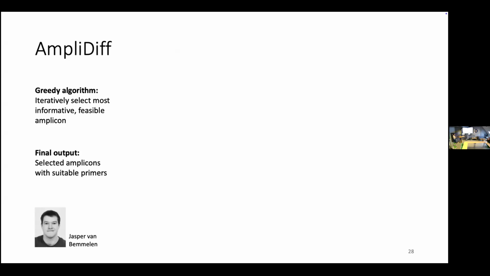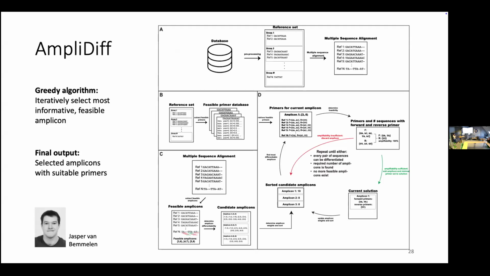So in the interest of time, I won't go into the details too much, but just to give an overview of what we do. We start with our database on top of all the sequences, and we make a multiple sequence alignment. So that's our starting point to know, okay, which regions in which sequence align, so which correspond to the same thing. And from our set of references, we also build a primer database. So which possible primers could we use in those sequences?